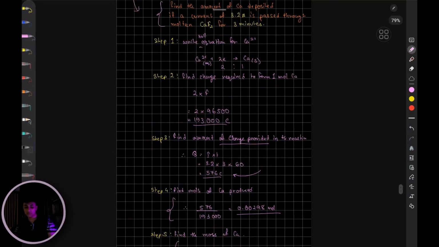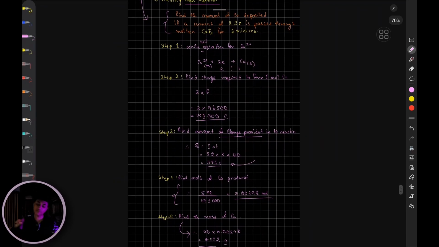So what did we do in summary? First, we wrote the half equation. We found out the moles of electrons you need to form 1 mole of the calcium atom. Second, we found out the charge required to form 1 mole of calcium, that is 2 times F, Faraday's constant.